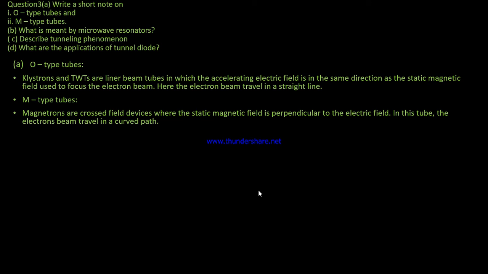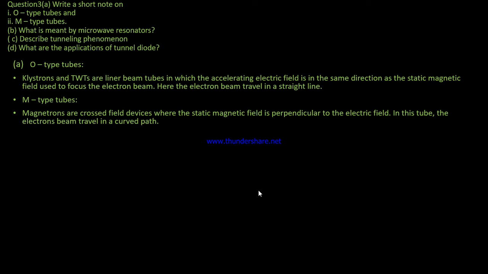The O-type tubes: klystrons and traveling wave tubes are linear beam tubes in which the accelerating electric field is in the same direction as the static magnetic field used to focus the electron beam. Here, the electron beam travels in a straight line.